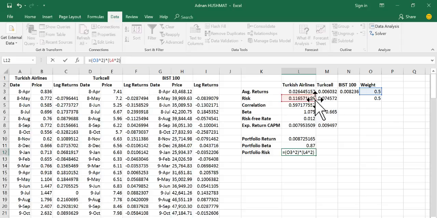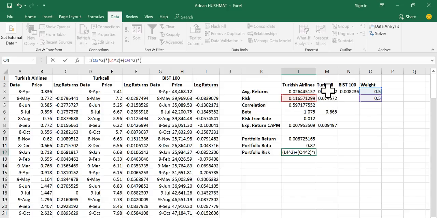Sigma 1 is the standard deviation of the Turkish Airlines stock. Plus W2 squared, and sigma 2 squared. Sigma 2 is the risk of stock 2, Turkcell.